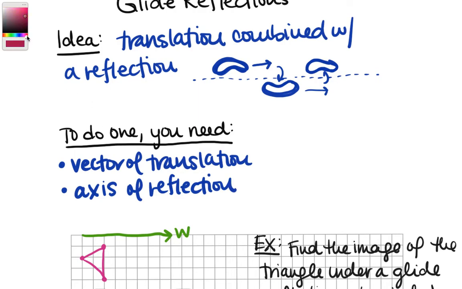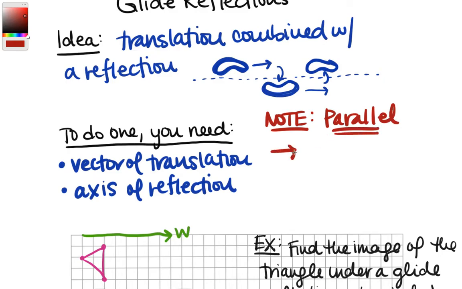And one thing that we want to note here is that these have to be parallel. So something like this, vector and axis, is okay. Something like this, vector and axis, is not okay because these are not parallel. So we're going to work with stuff like this.